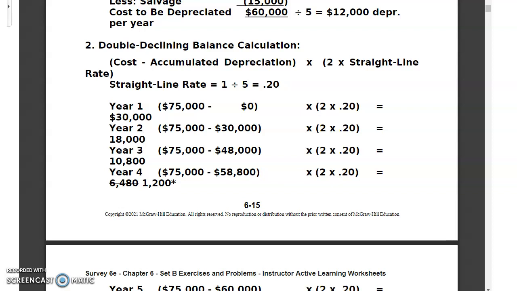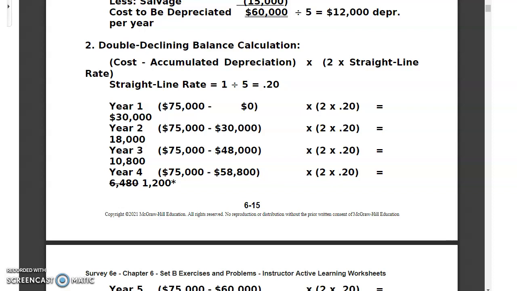Accumulated depreciation is all of the depreciation we have taken to date on this asset. So in year 2, the accumulated depreciation is $30,000. So $75,000 minus $30,000 is $45,000. Multiply that again by the 40%, and we get depreciation in the second year of $18,000.